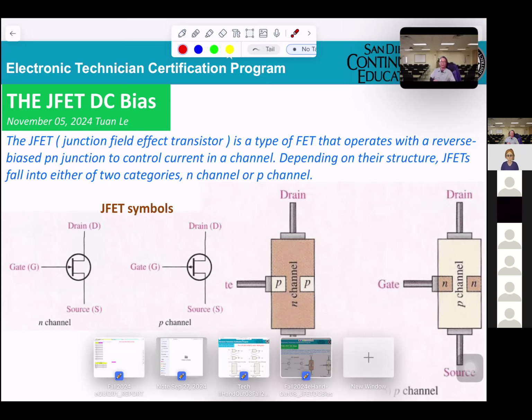Okay? And now the JFET will be the same thing. After we get the bias, then you can get a common source, common drain, and a common gate amplifier.